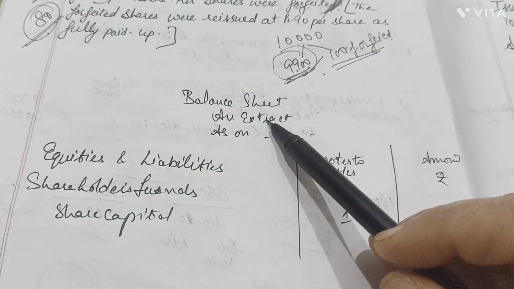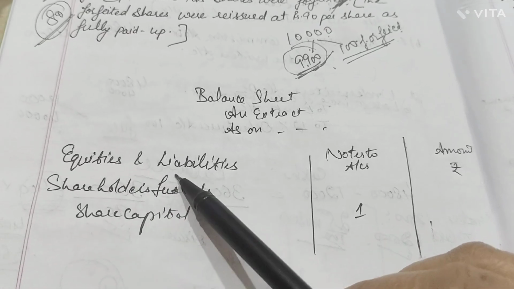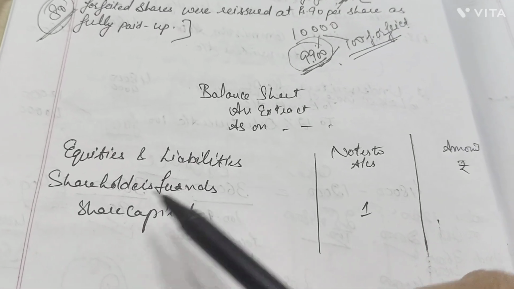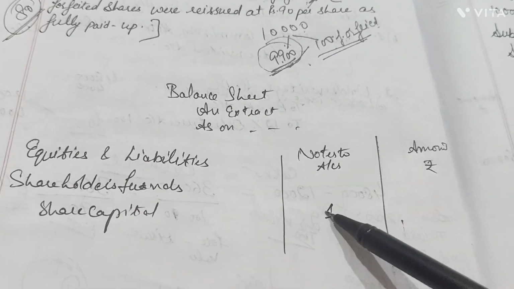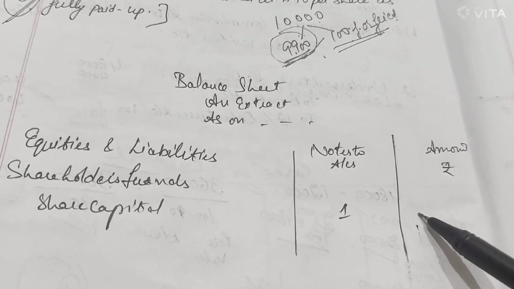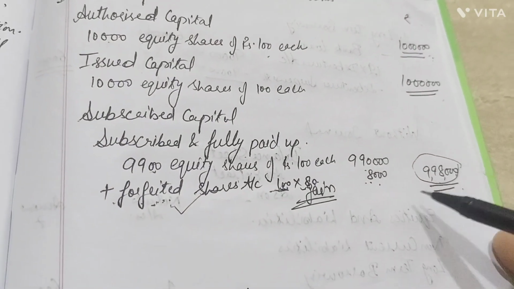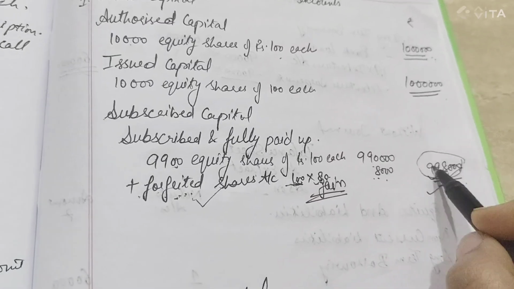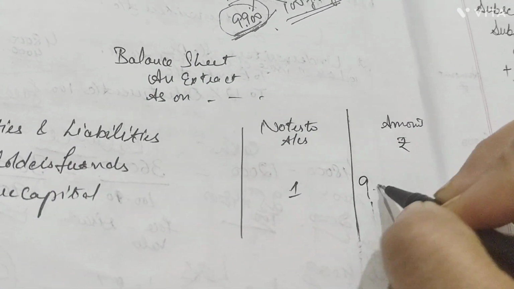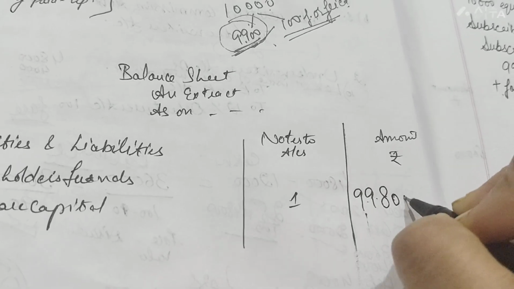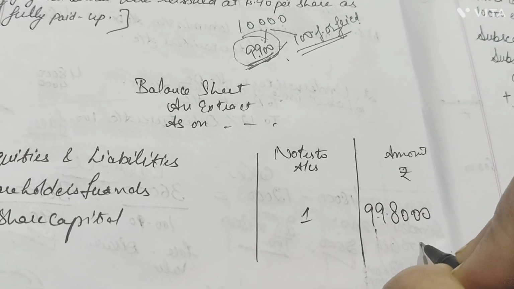So for this particular case, if the balance sheet is prepared in equity and liabilities under the head shareholders' fund, share capital, notes to accounts, here share capital would be shown out of these three values only for the subscribed capital, that is rupees 9,98,000 in your balance sheet. It would be shown here.